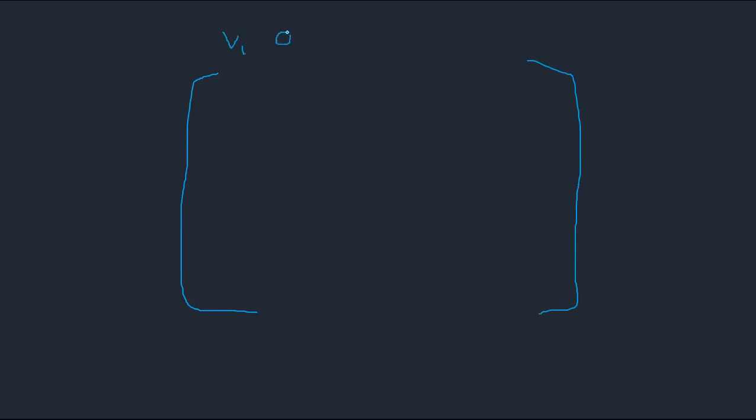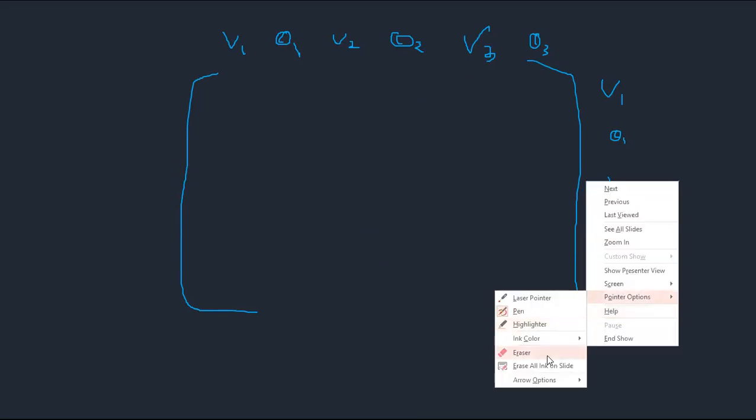v1 theta1, v2 theta2, v3 theta3, across the rows and columns, right? So how to find this, this is very easy.